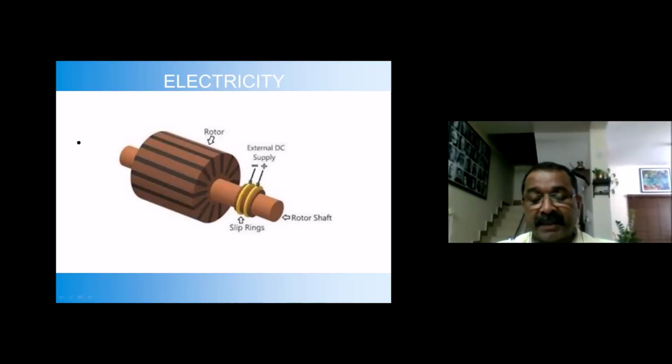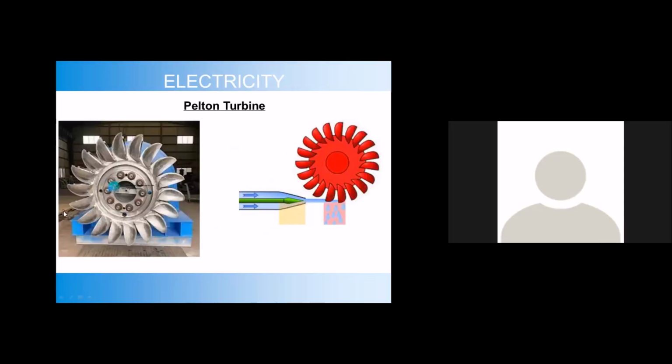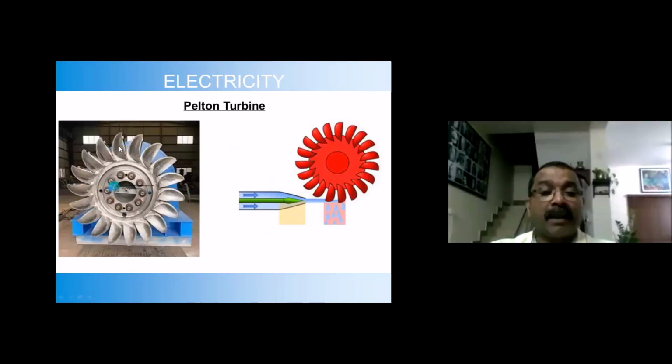We can make it rotate in many ways, and one such system is the hydel system. To the rotor shaft, we attach a water turbine, and we inject water onto this turbine.